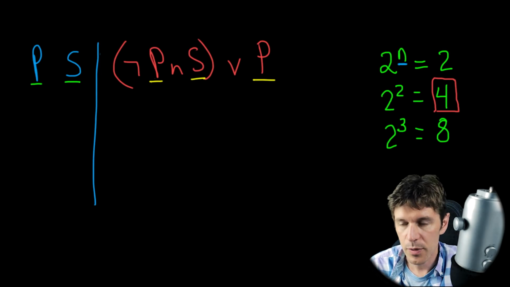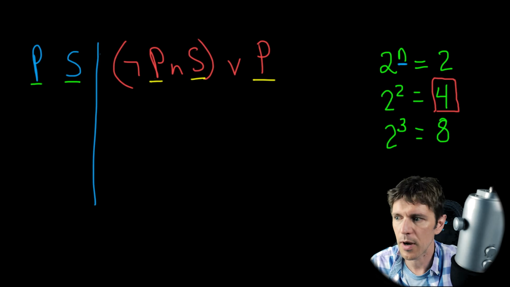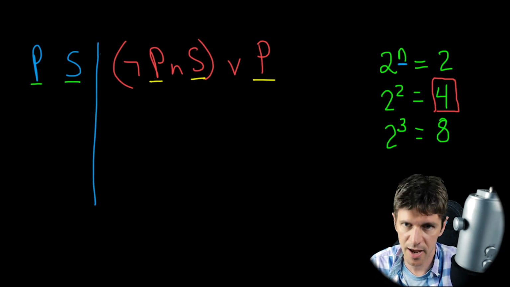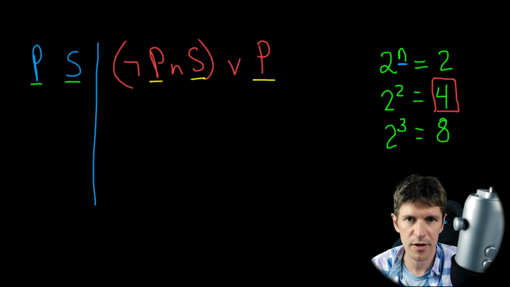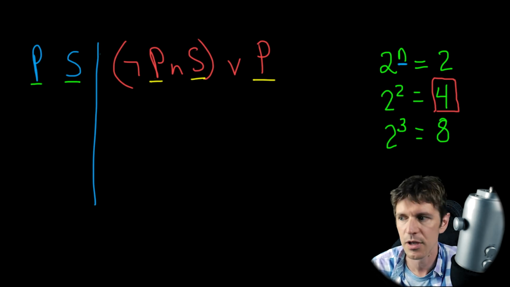Now, step 4, which is the final step in setting up the table, is to write a bunch of T's and F's in those rows. What those T's and F's stand for are distinct ways we can assign the value of true or false to those propositional letters.